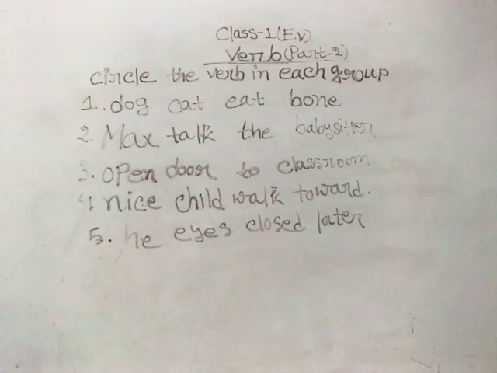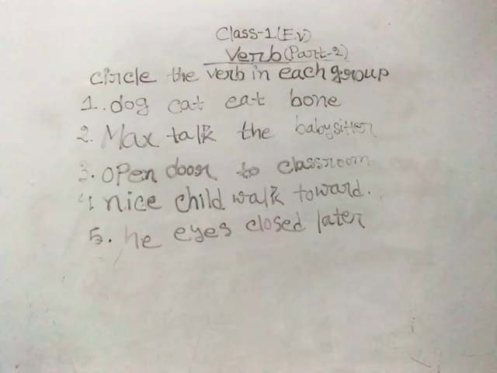From each group you have to find the correct verb, and after finding it, you need to make a circle, a round shape, over it. Okay, so let us see which is the first group. The very first group of words is dog, cat, eat, bone. I repeat, dog, cat, eat, bone.